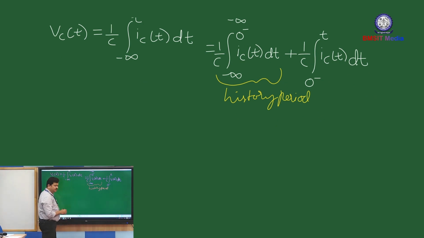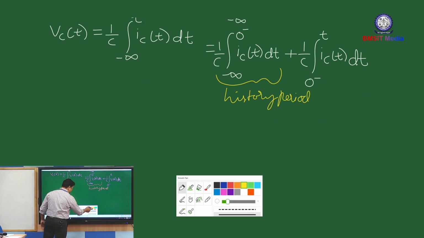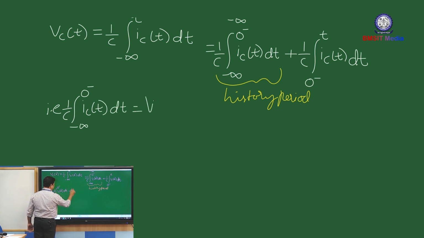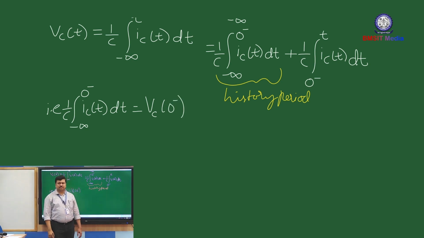So I can write this expression, 1 over C integration from minus infinity to 0 minus of IC of t dt, as Vc of 0 minus, the initial condition of the capacitor.